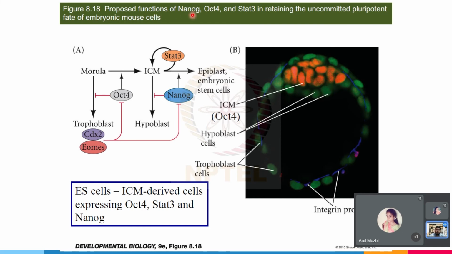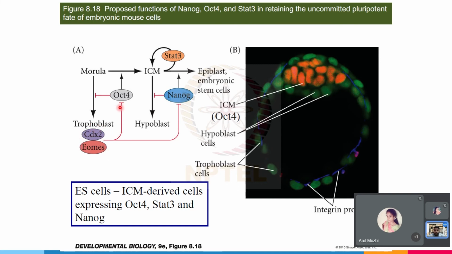Okay, so we'll look at the solution slide itself. These are the proposed functions of the three transcription factors, NANOG, OCT4, and STAT3, in retaining the uncommitted pluripotent fate of embryonic mouse cells. So we'll look into that later. After the stage known as morula, the trophoblast and the ICM get separated out into two. In the trophoblast, the genes CDX2 and Eomes are activated.